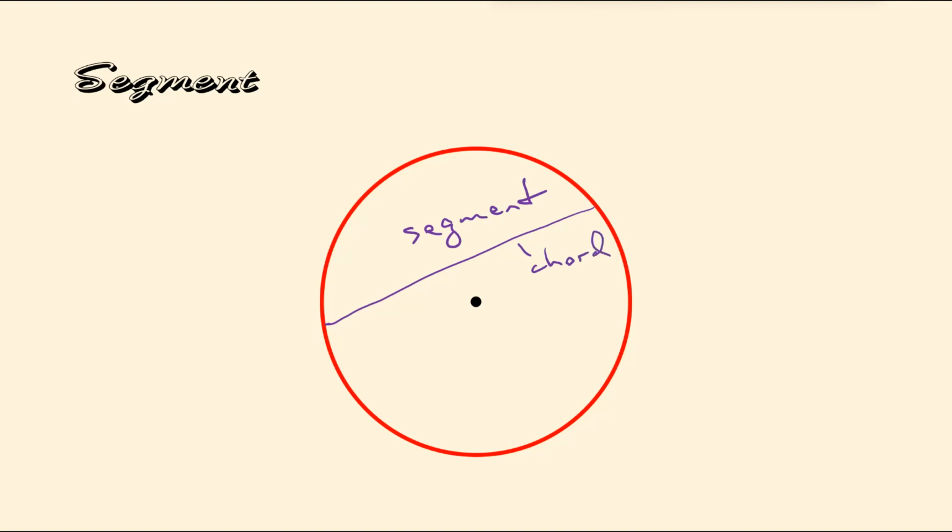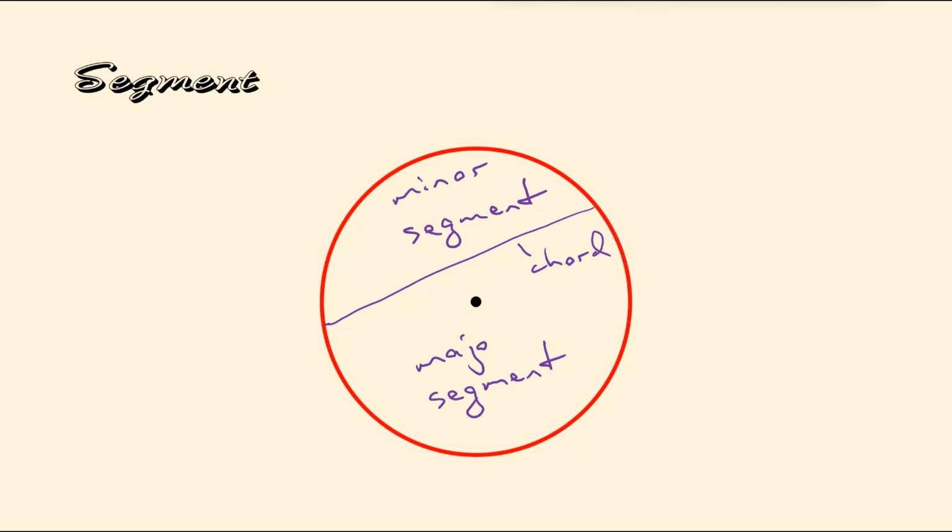But actually, below that, we have another segment, because a segment doesn't have to be just the smaller part of it. It could include the center of the circle and be more than half the circle. So we call this smaller part the minor segment, and that of course makes the larger part the major segment.